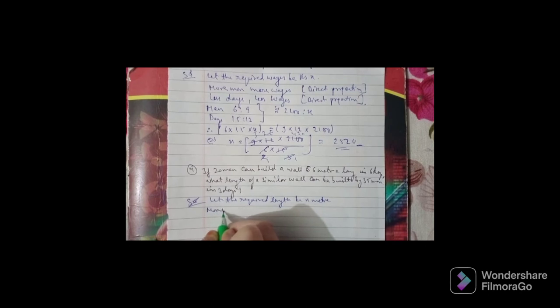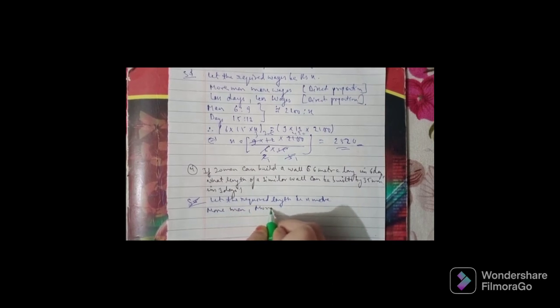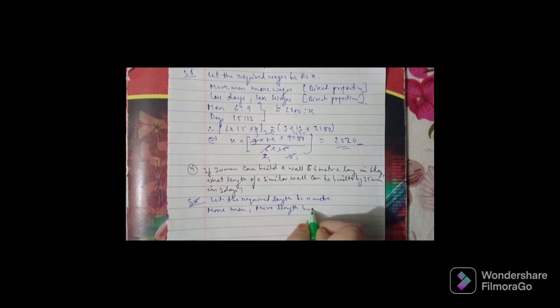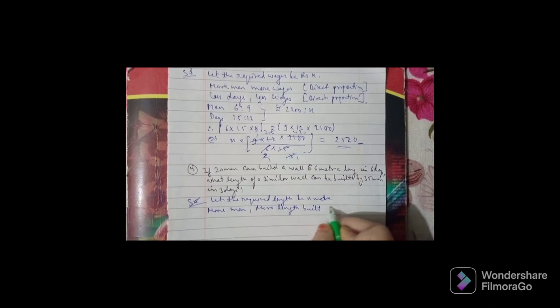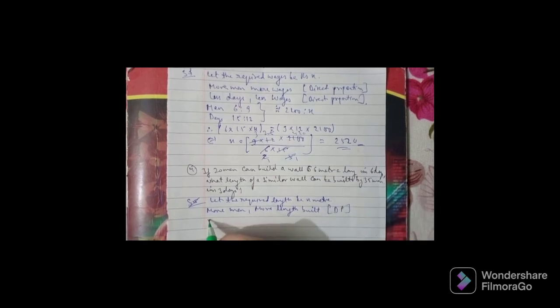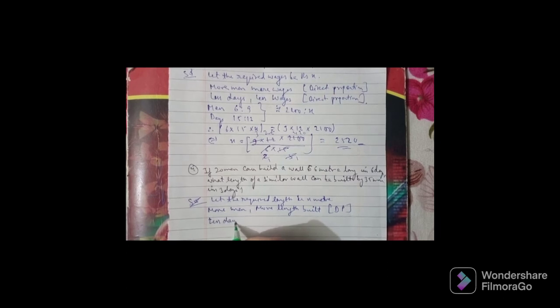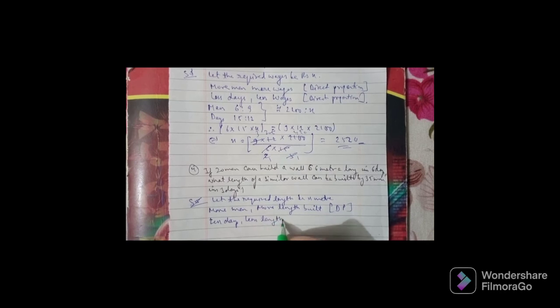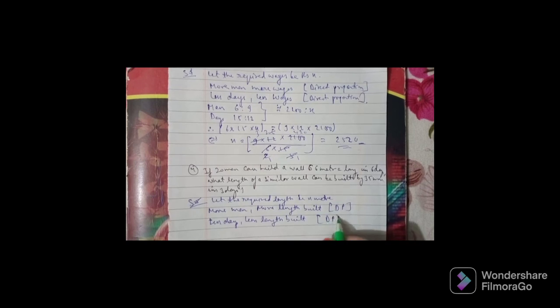So here, more men, more length built, which is in terms of direct proportion. Here less days, less length built, which also comes under direct proportion.